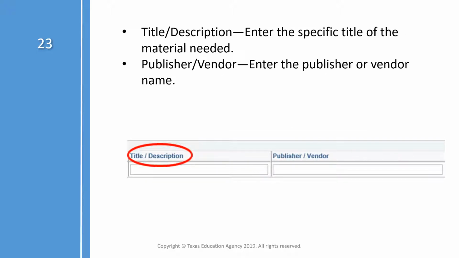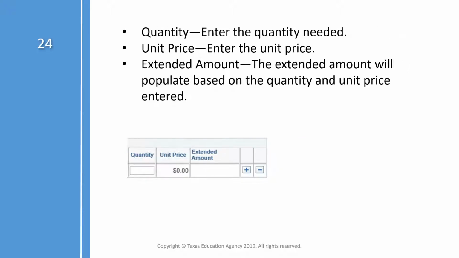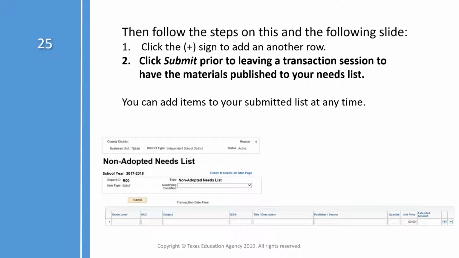For the title description field, enter the specific title of the material needed. For the publisher vendor field, enter the publisher or vendor name. Enter the quantity needed, enter the unit price. The extended amount will populate based on the quantity and the unit price entered. Then follow the steps on this and the following slide.